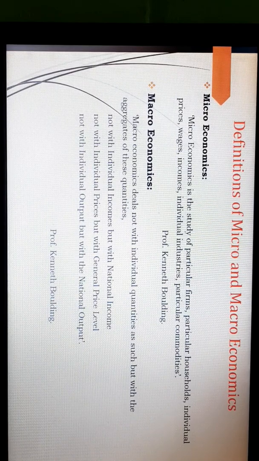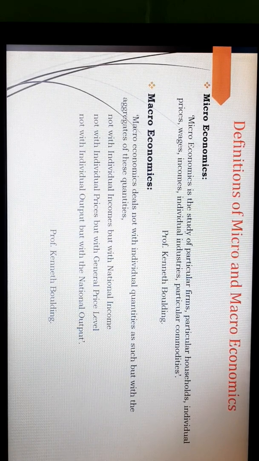So microeconomics is a study. Just like economics is a study of how limited resources are to be utilized to satisfy the unlimited wants of the people living in a particular country. In the similar manner, micro and macroeconomics are the two approaches where microeconomics studies individual economic units like particular firms, particular households, individual prices, wages, etc.